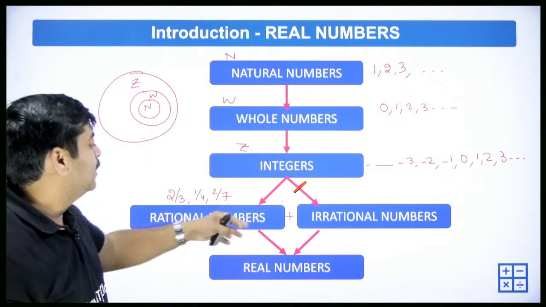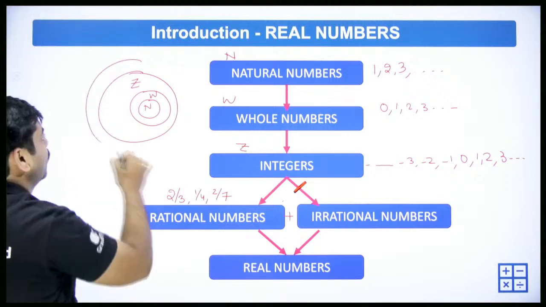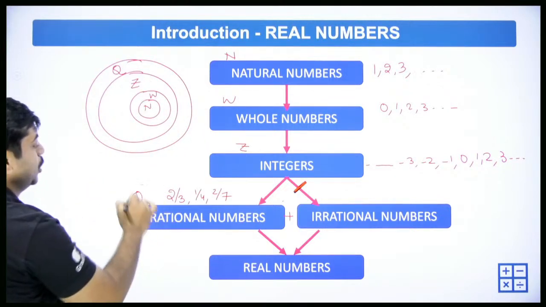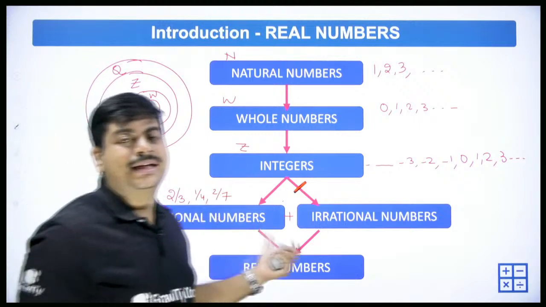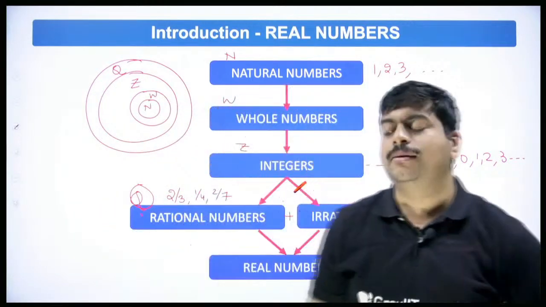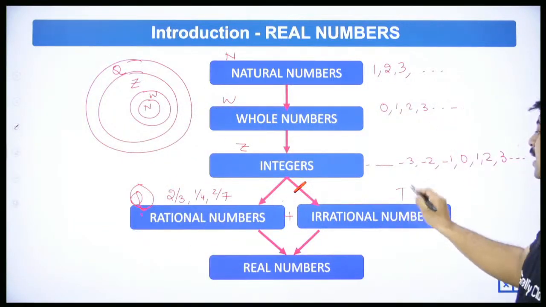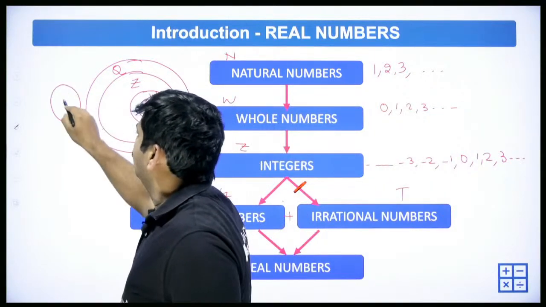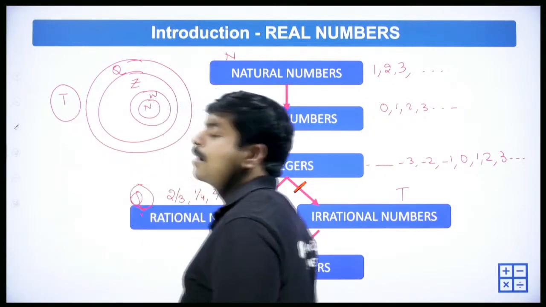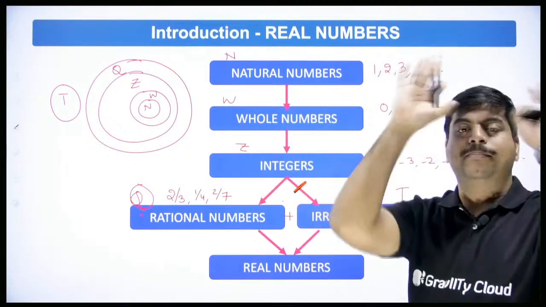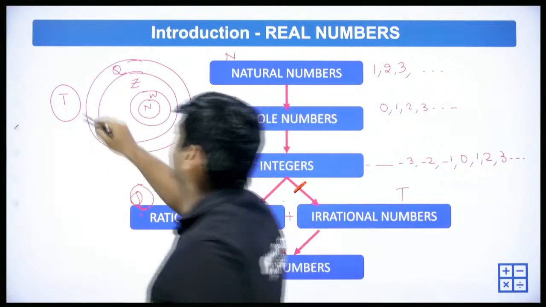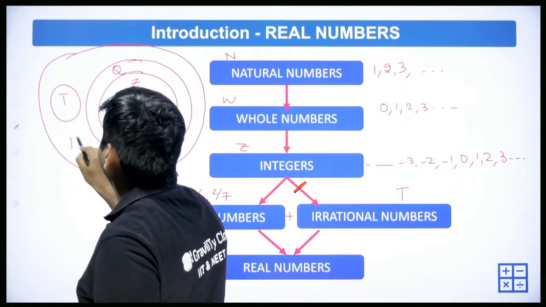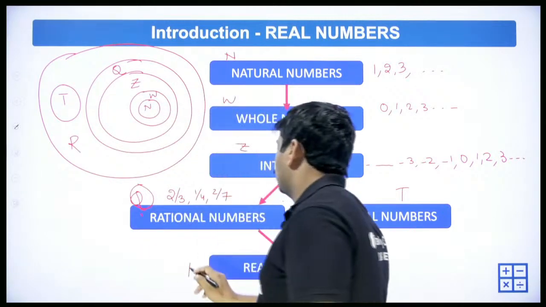From integers, we get rational numbers, which we represent with Q. And extended to that, we also have irrational numbers, which we denote with T, which does not come under rational numbers. And now the complete set of all these numbers is called real numbers, which we denote with R.